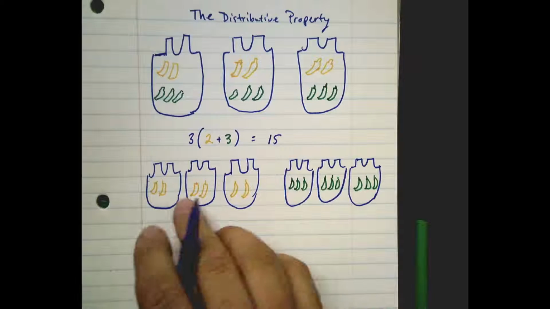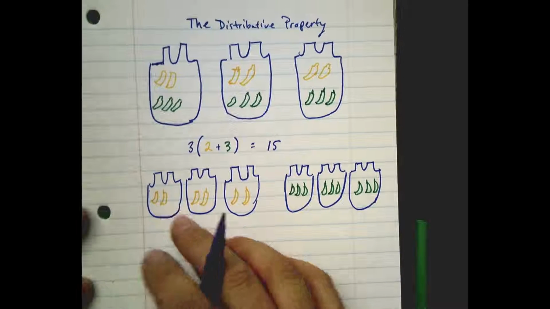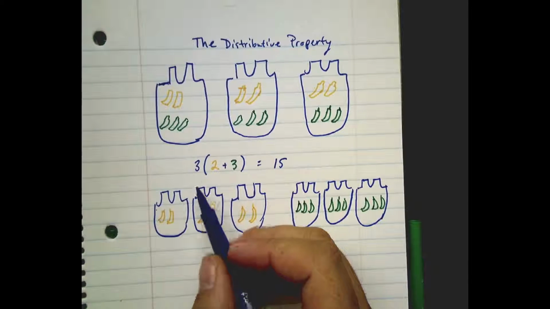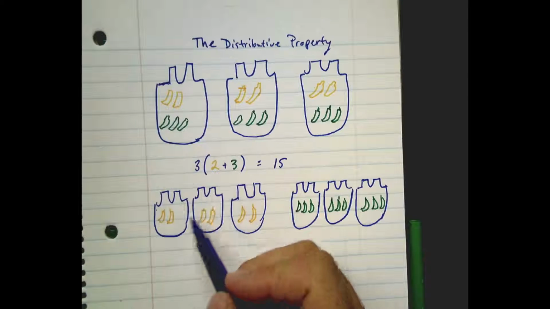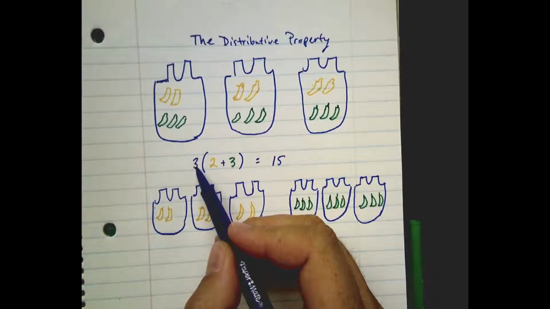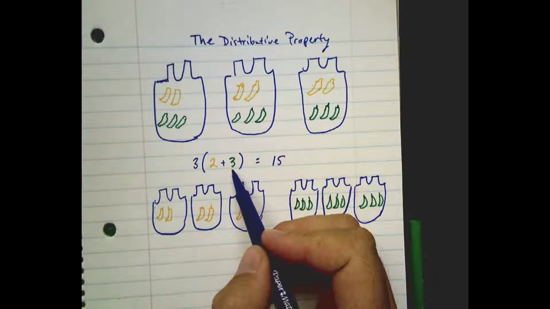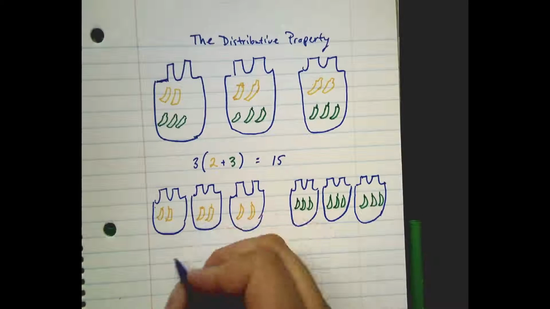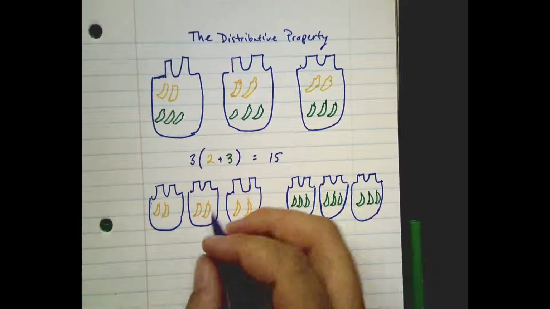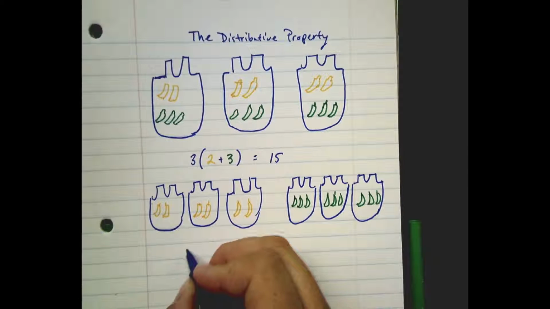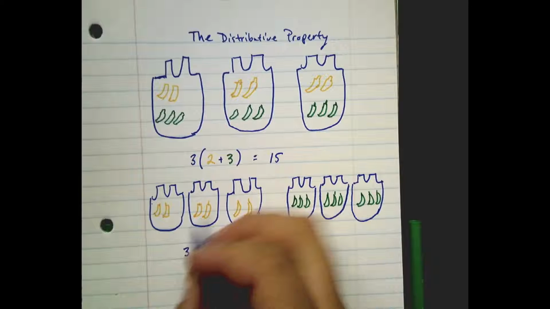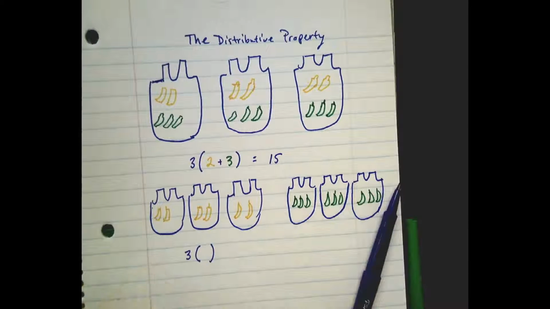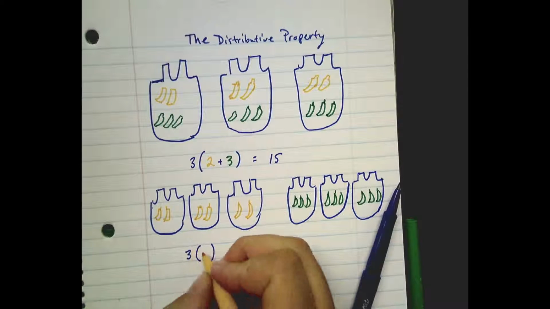So what the distributive property says is it takes these 3 bags, and it distributes them to the 2 bananas, and it also distributes 3 bags to the 3 bananas. So what that looks like is it looks like this. When I distribute those bags, it's 3 times 2.